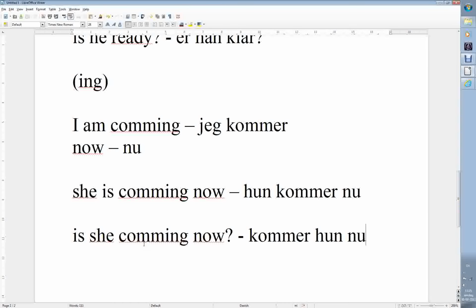So I hope I didn't confuse you too much with the earlier part. But for the question, I think you can only put the now at the end. I won't bet on it because Danish is a crazy language. So that's that. Kommer hun nu?